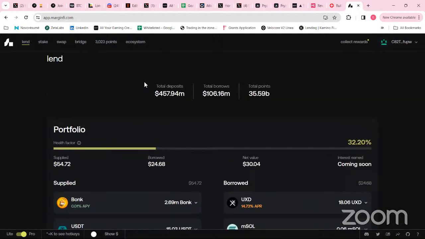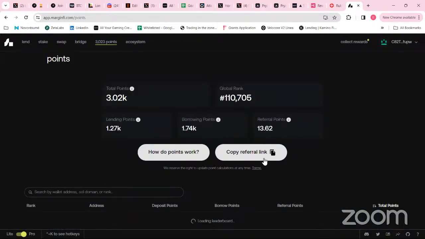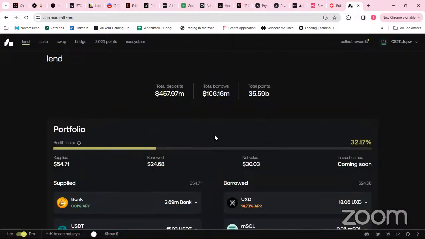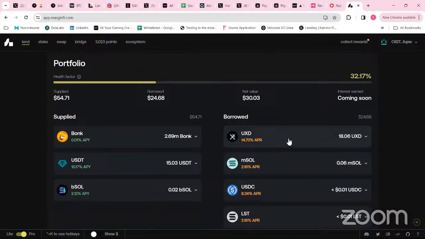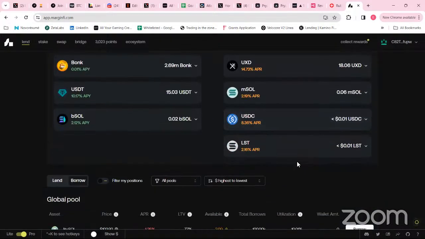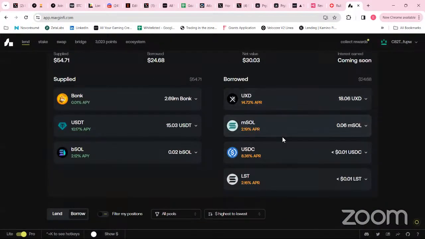These 3,000 points are what is going to influence the amount of airdrop I'm going to get. So if you buy Bonk, I would advise you to go to MarginFi. Once you go there, you can lend your Bonk as collateral, and once you lend it, you can borrow any assets, like UXD, Solana, USDT, whatever.